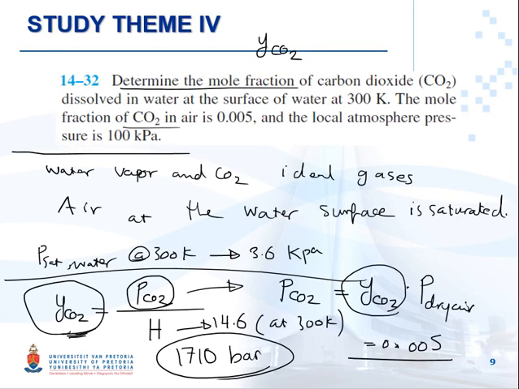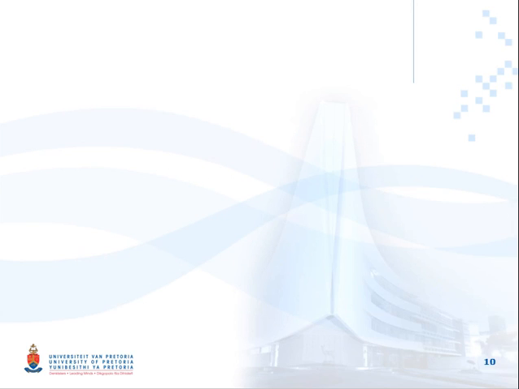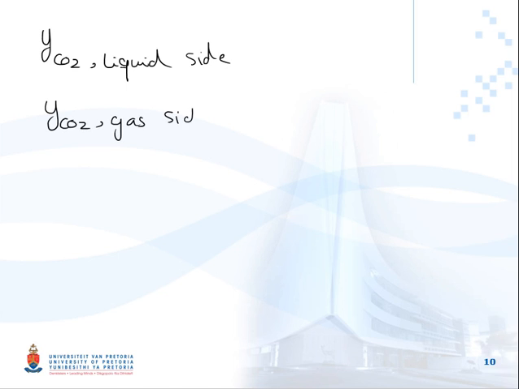So what is it asking? Determine the mole fraction of carbon dioxide dissolved in water at the surface. So basically it is asking us, always write like this: at liquid side, what we have at gas side is equal to 0.005.